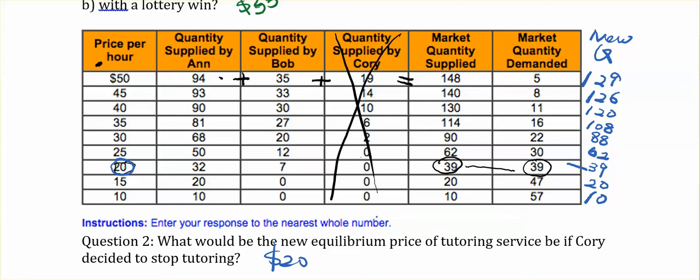Remember, every time the question asks you for the equilibrium price, you need to compare the market quantity supplied and the market quantity demanded, and find the row that shares exactly the same number. That number gives you the equilibrium quantity, and the corresponding price is the equilibrium price. So the answer for the second question is $20.